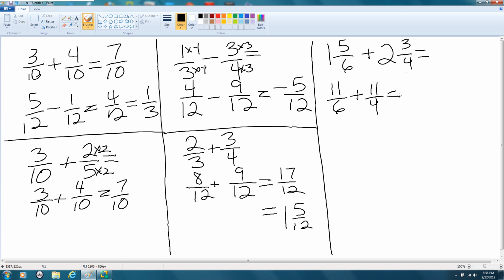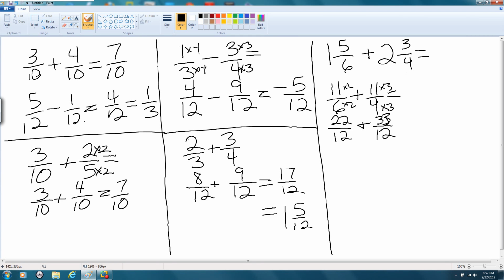The common denominator here is going to be 12ths. I would multiply this by 2, so I also need to multiply the top by 2, so this is 22/12. And to get to 12ths here, I would need to multiply the bottom by 3, so I need to multiply the top by 3. And so this is going to be 33/12. And that's a 33, believe it or not.